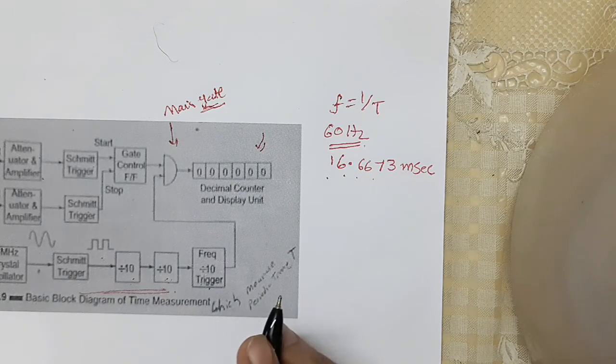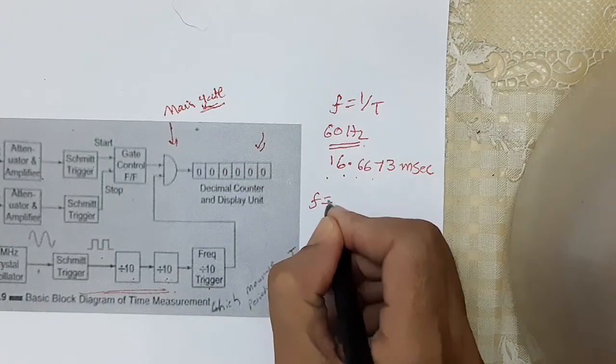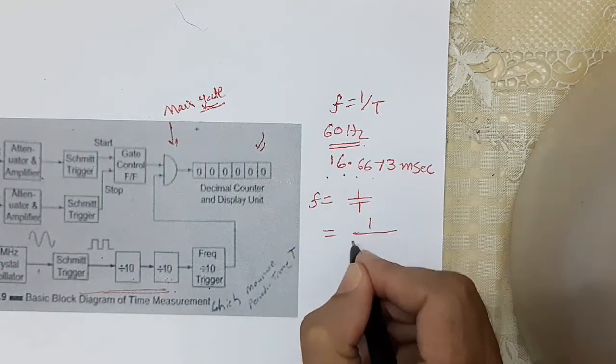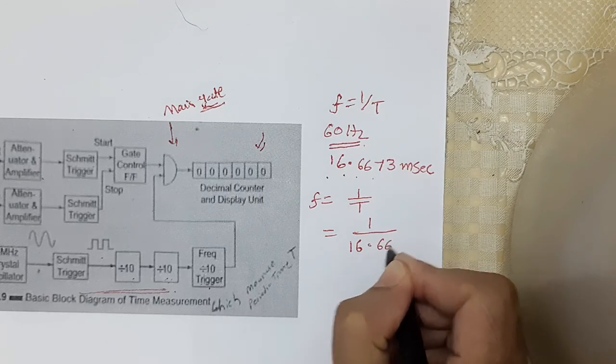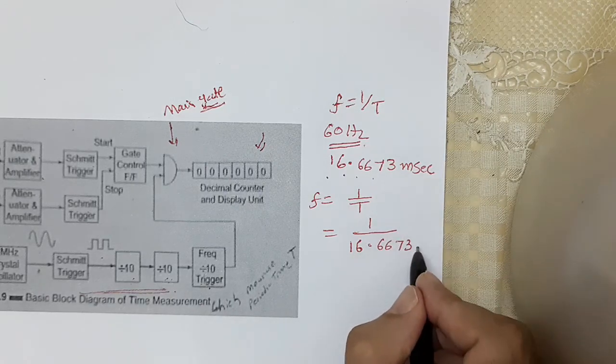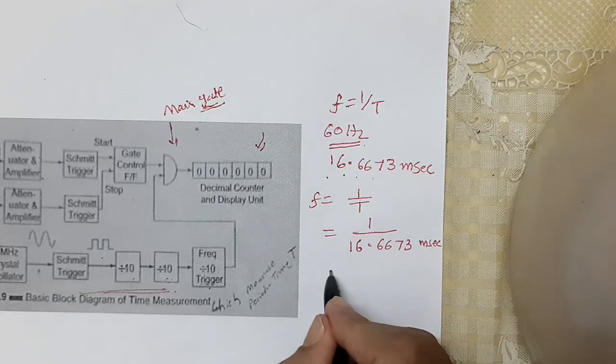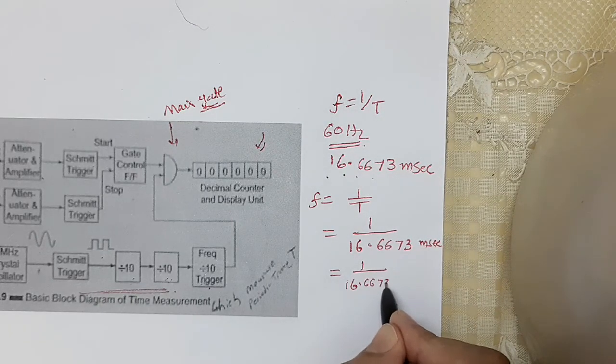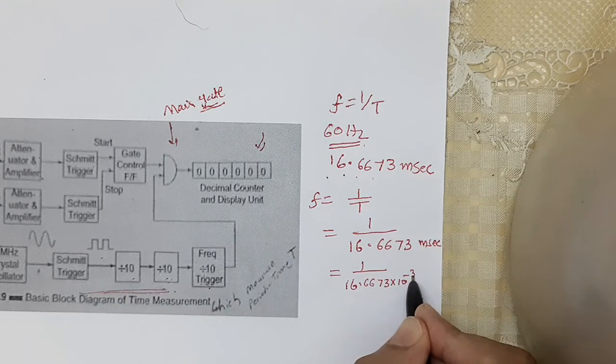So the frequency is f is equal to 1 upon T. This is equal to 1 upon 16.6673 millisecond. This is equal to 1 upon 16.6673 into 10 raised to minus 3.